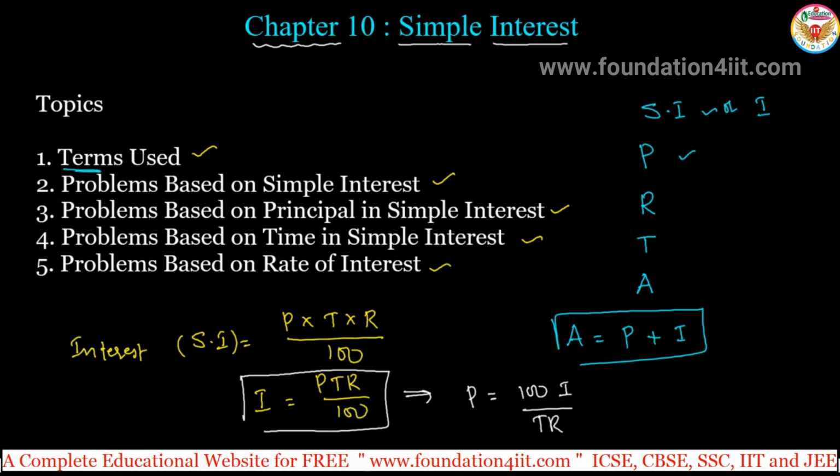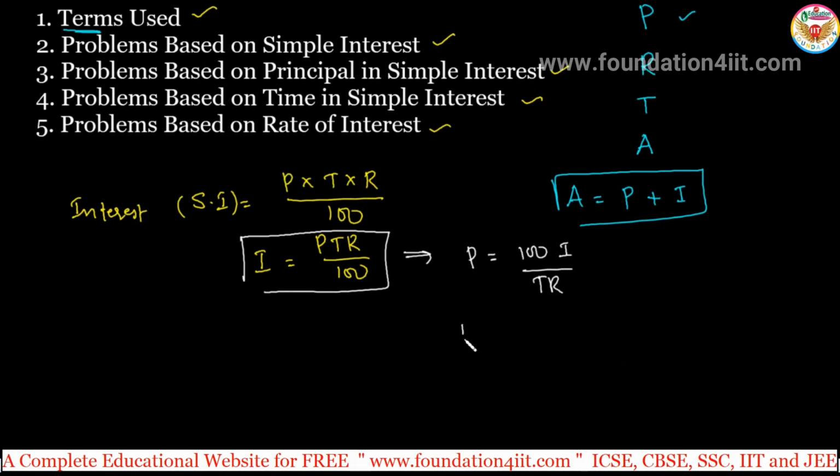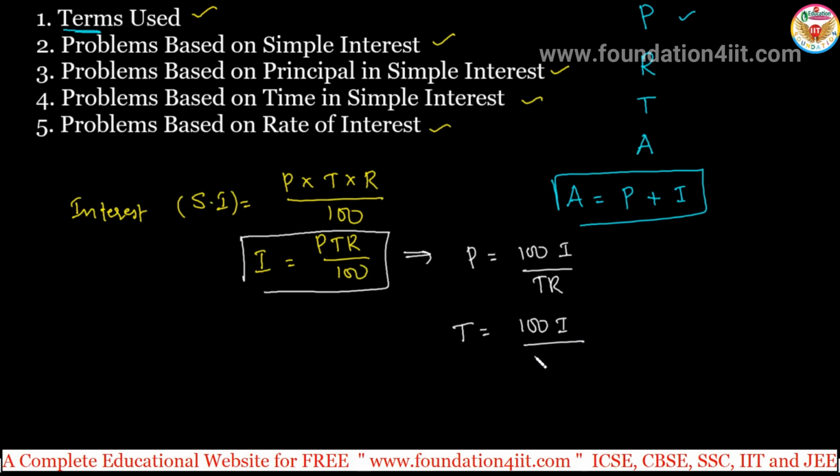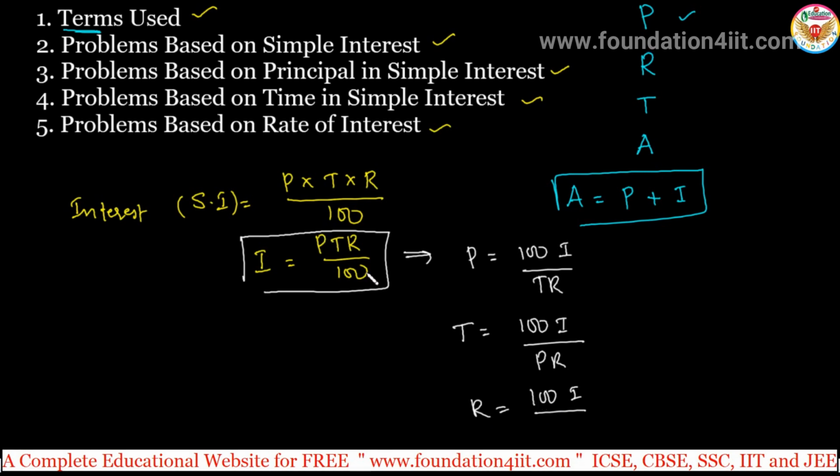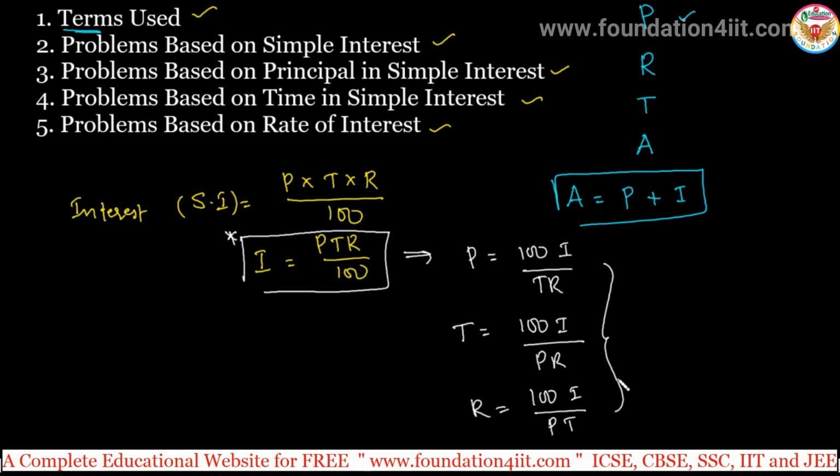In the same way, T is equal to 100 into interest by PR, and R is equal to 100 into I by PT. So this is the important formula, PTR by 100, and from that these three we can make.